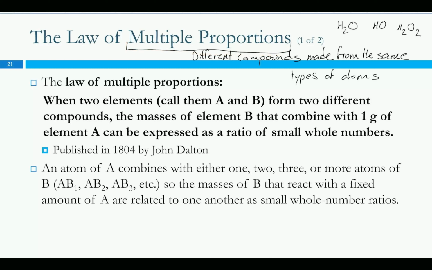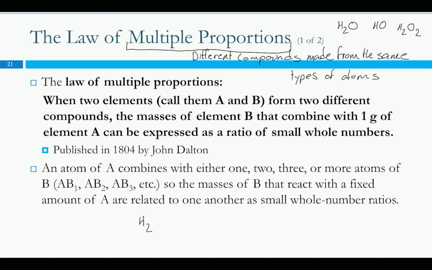Really what the law of multiple proportions is saying is that for each of these compounds, if I set one of these elements' masses to be 1, so if we said oxygen's 1, the mass of the hydrogen in each of those would be proportions of each other, and specifically integer proportions.